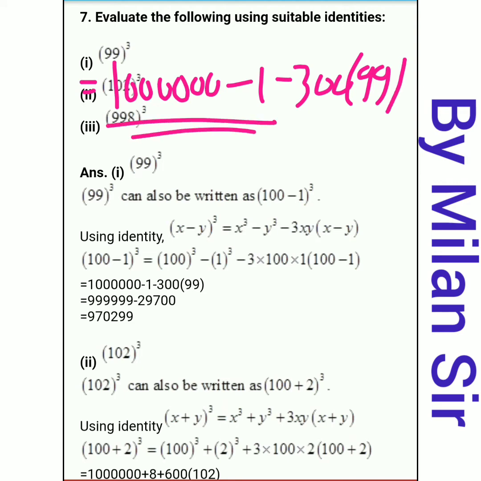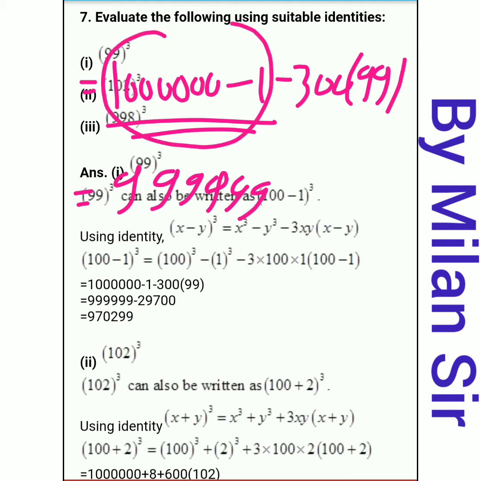First of all, 10 lakh minus 1 gives 9 lakh 99,999. Now the negative sign is there: 99 into 3, 9 threes are 27 plus 2 is 29, so 297.